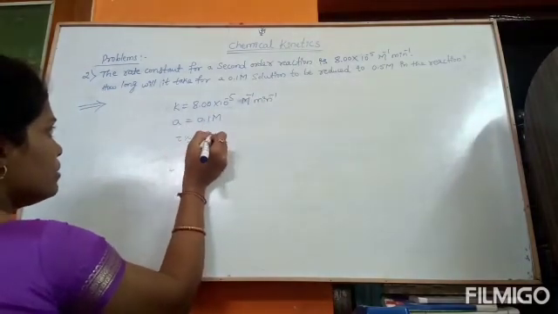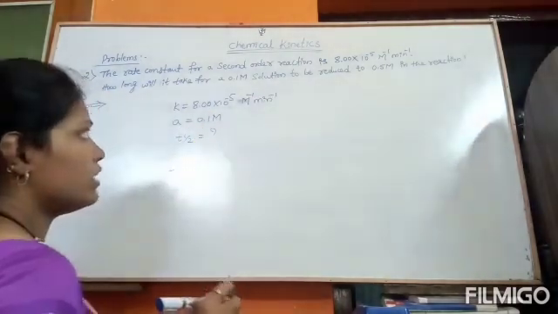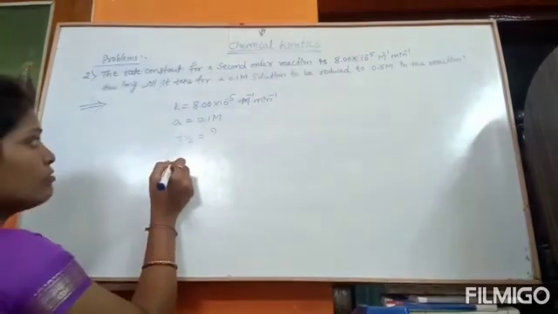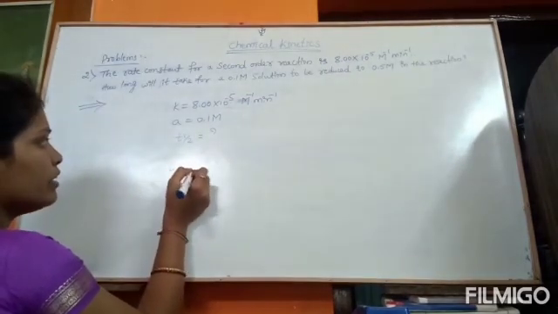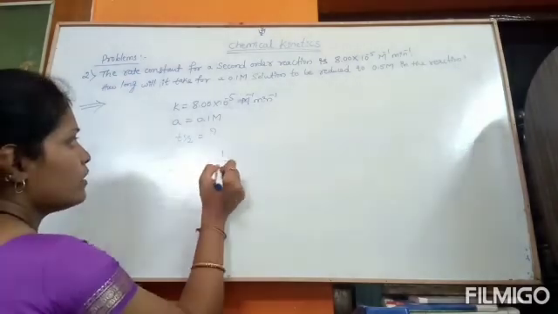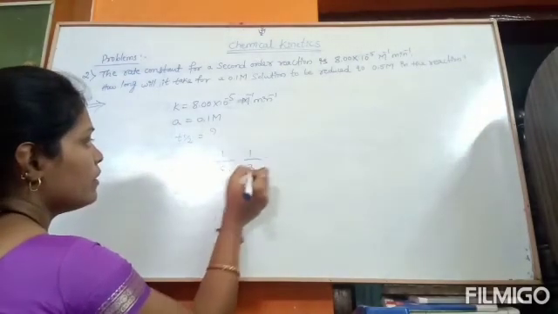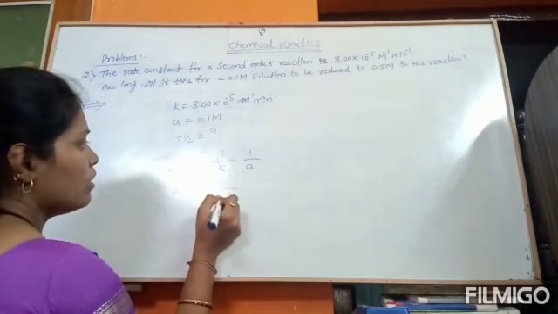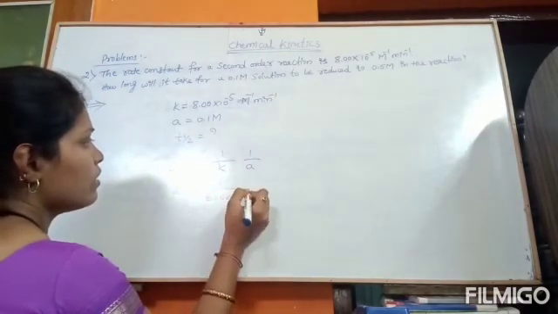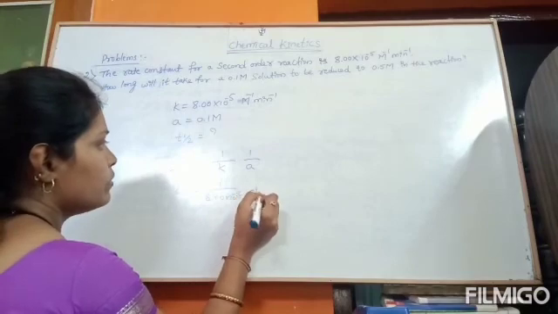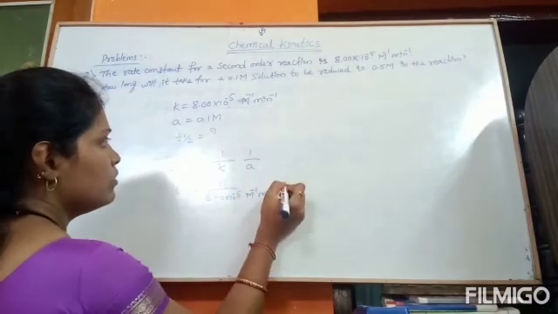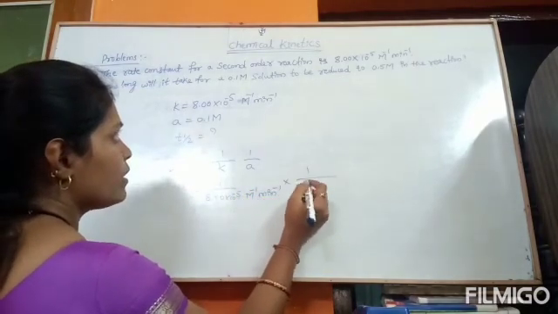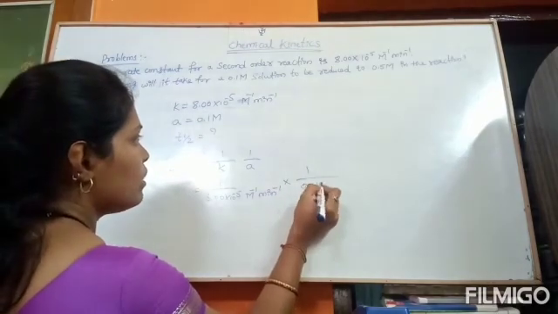Then we should calculate t half. The half-life period equation is t half is equal to 1 divided by K into 1 divided by a. Put the values: K is 8 into 10 to the power minus 5 per molar per minute, into 1 divided by concentration 0.1 molar.